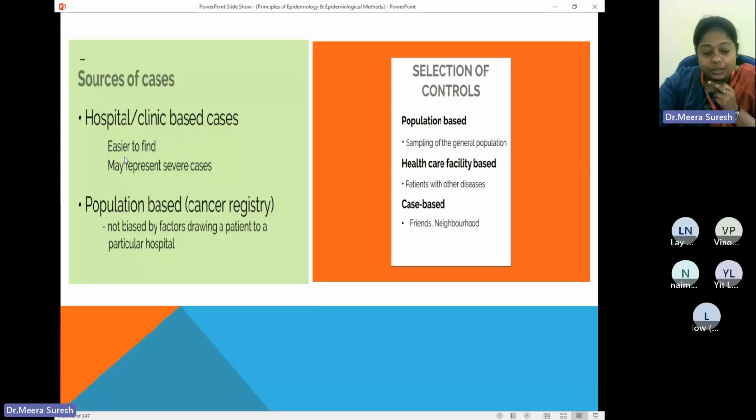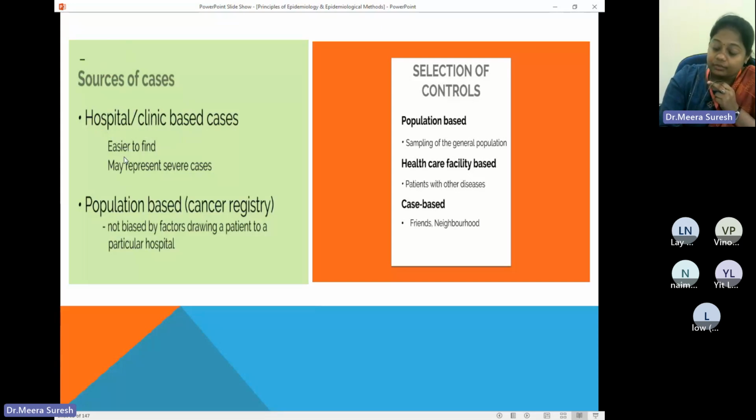Suppose you are going to a government hospital, which means people coming over there belong to a particular socio-economic group. It is not that the very rich people are going to come to a government hospital. It will be only a section of people, a lower middle class or a still lower, the people who are in a lower income. These will be the people majorly seen in a government hospital.